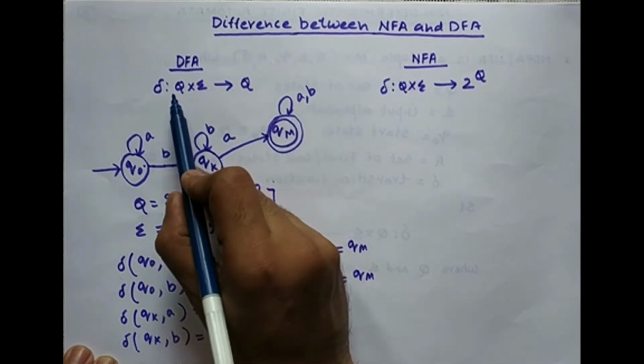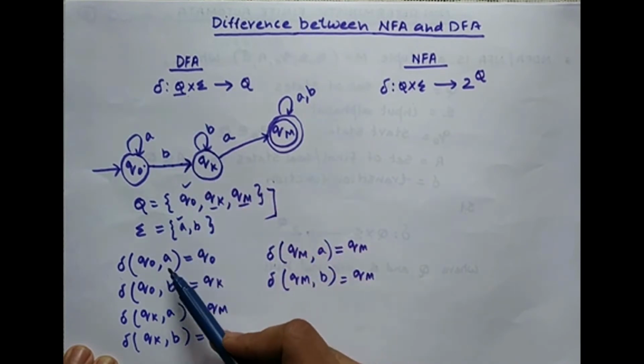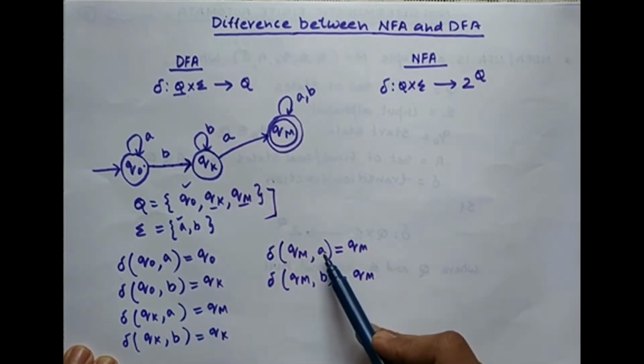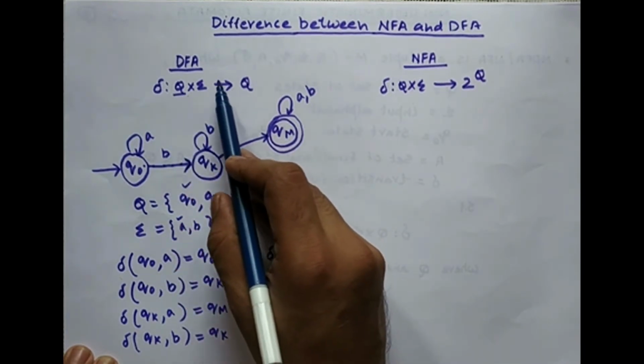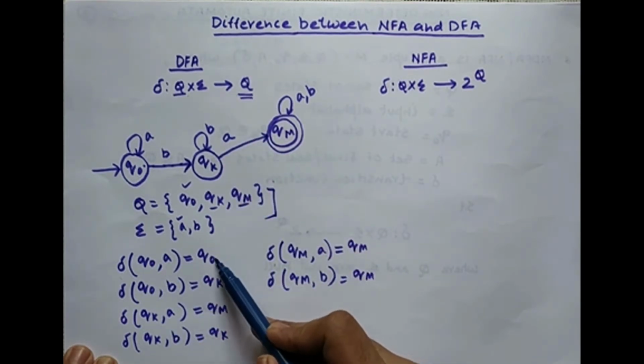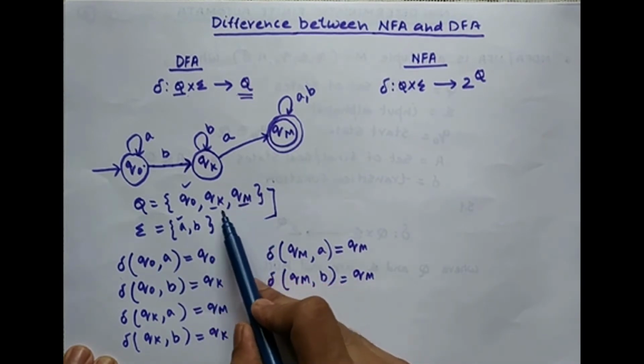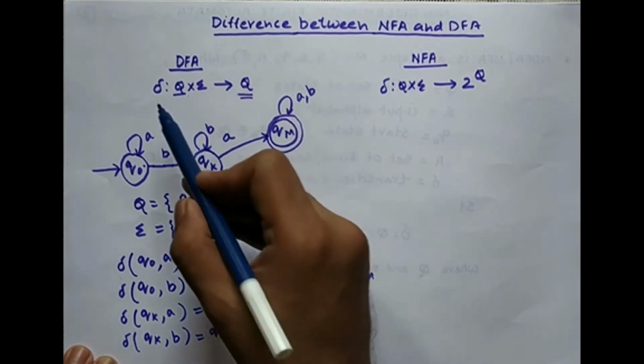So for each state in capital Q, on reading an input symbol either A or B, the transition takes you to exactly one unique state from Q. So Q naught happens to be one state from this Q, Qk happens to be one state from this Q, and so on. And that's why it's a DFA.